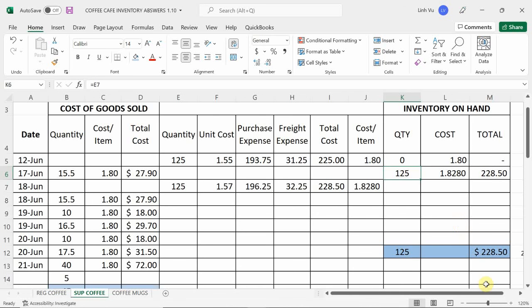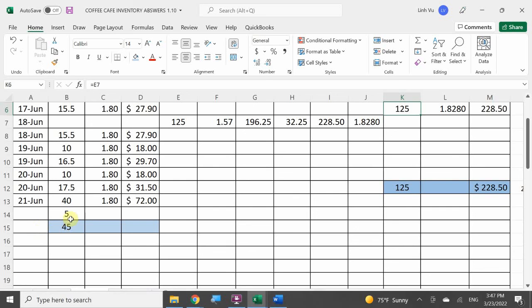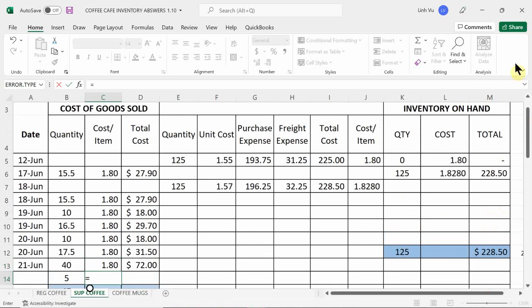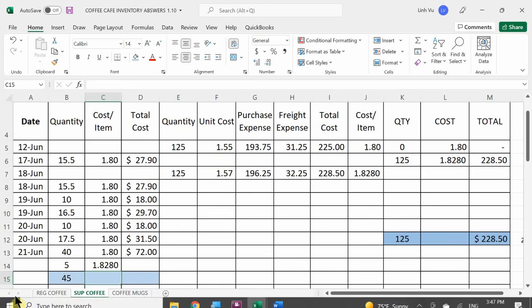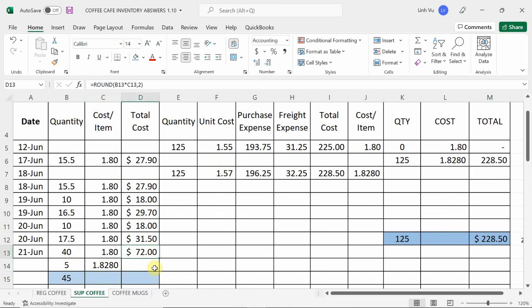However, I need to calculate 5 pounds from this batch of inventory because that's all that we have left, okay? This is at $1.828, okay? So how much is it going to cost me to sell 5 pounds at $1.828? $9.14.